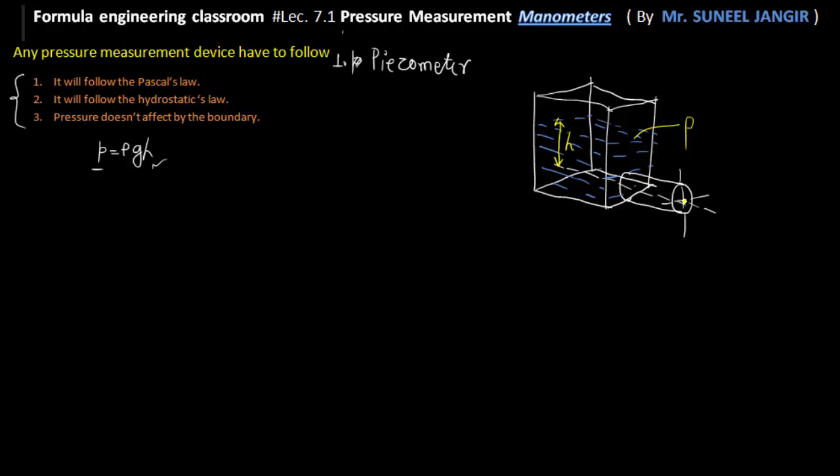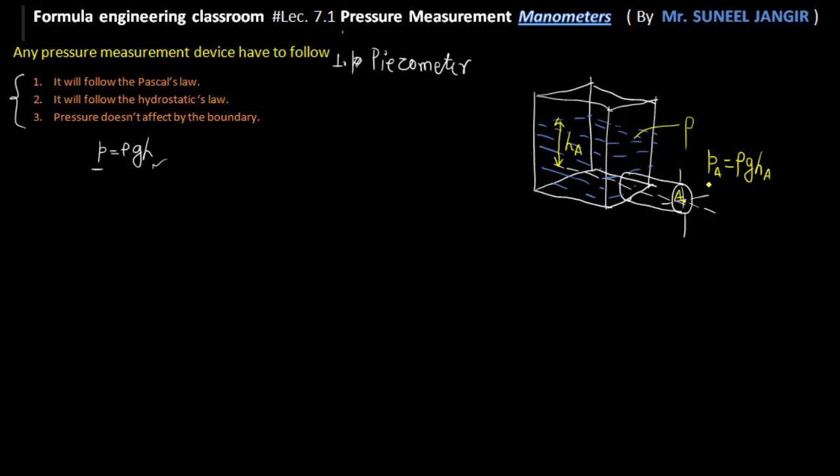If I want to calculate the pressure intensity at the center of the pipe, by using the hydrostatic law you can easily tell what the pressure at this point will be. Obviously, as the height of the water above the center line is h and the density of this fluid is rho, if I call this point A, the pressure at point A will be equal to rho g h_A. I'm indicating the suffix A here, h_A being the height from point A. So this is the pressure intensity.